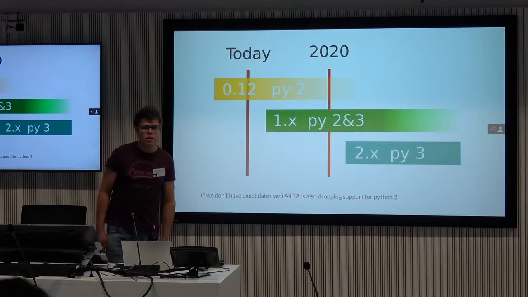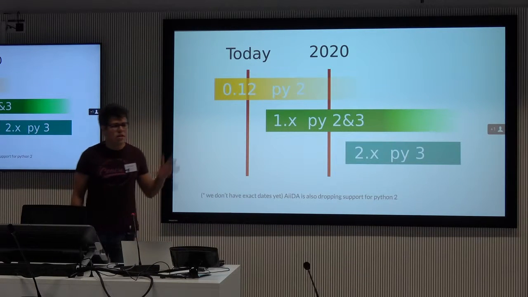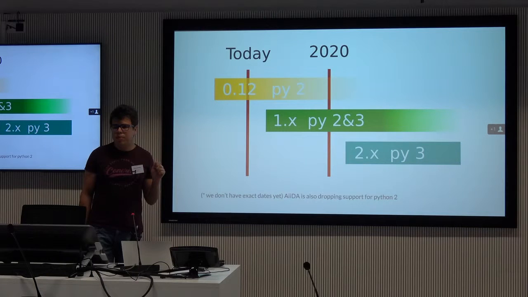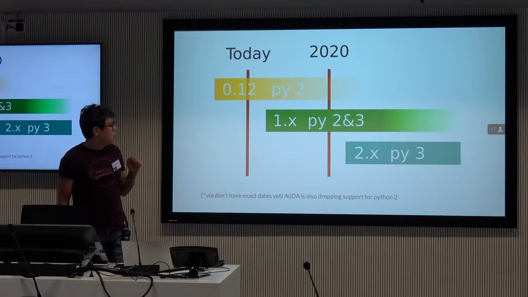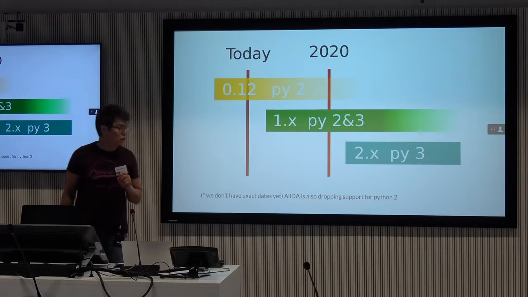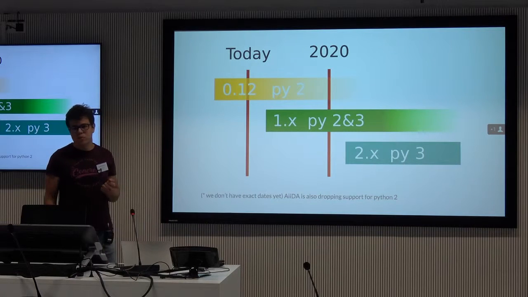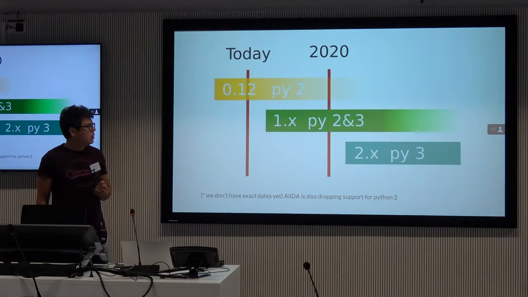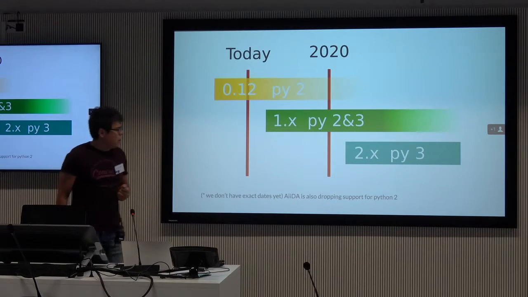Also, AiiDA, so this is a rough sketch of our rollout plan. AiiDA version 0.12 is running on Python 2, and it's going to be supported until not before 2020.